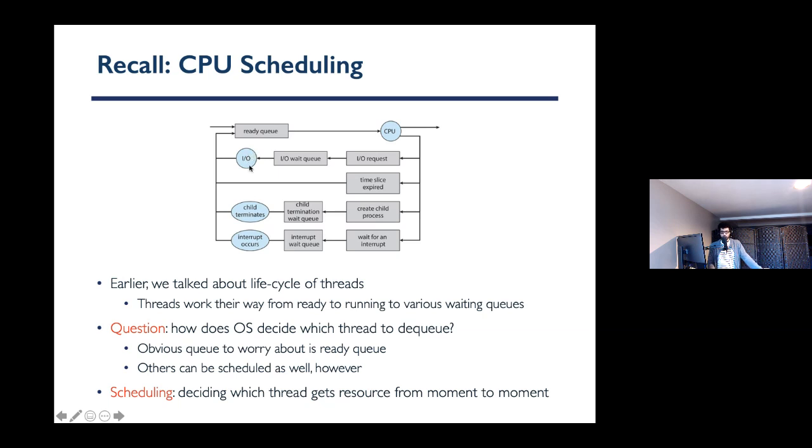And all of these queues have to have some sort of scheduling, meaning how are you sorting tasks? How are you picking who is next? That's basically the main question with scheduling. Now, in this lecture, we're going to just focus on this ready queue. But the policies that we will talk about are applicable to any queue, sort of. They would need modifications, but you can learn some techniques that could be used for other queues as well.